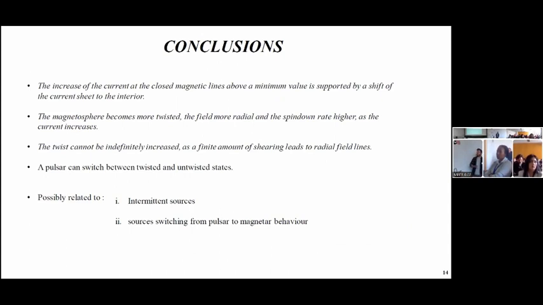The magnetosphere becomes more twisted, the field more radial, and the spin down rate higher as the current increases. The twist cannot be indefinitely increased as a finite amount of shearing leads to radial field lines, and the pulsar can switch between twisted and untwisted states.